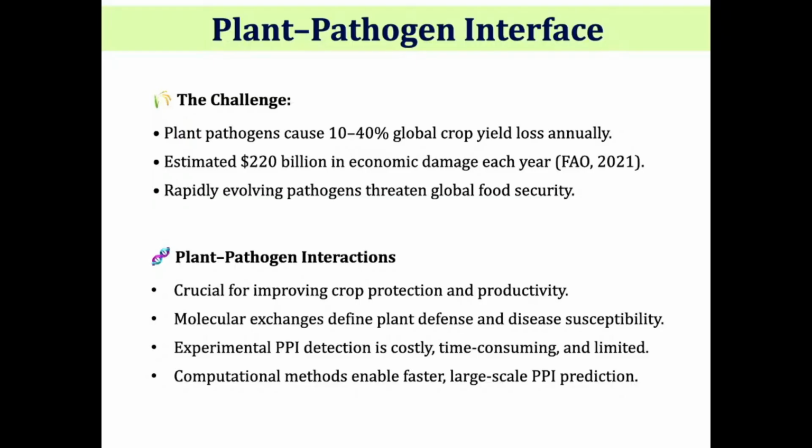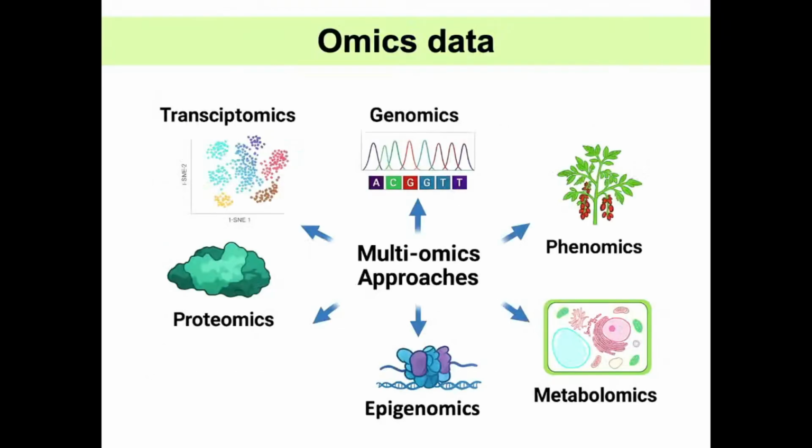That gives us the alternative to use machine learning and computational methods for prediction of plant pathogen interaction. Various sorts of omics data that we receive for analysis include genomics, transcriptomics, proteomics, epigenomics, metabolomics and phenomics data, and especially after the advent of next generation sequencing and completion of the human genome project, we have a huge amount of omics data in our hands that requires advanced computational techniques for analysis.